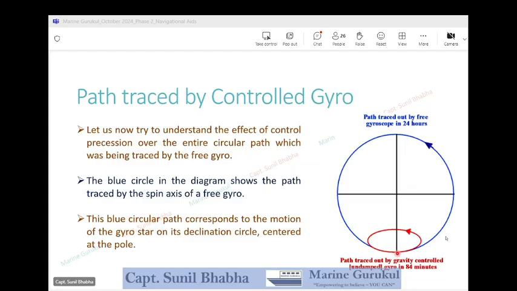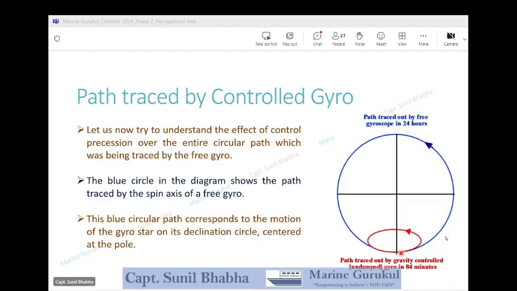Now we have introduced a third force in the picture, and that third force is the control precession using a top heavy arrangement or a bottom heavy arrangement. Now the path of the controlled gyro converts to an elliptical path. This red color ellipse which you see at the bottom of the diagram is the path now traced out by the controlled gyro.